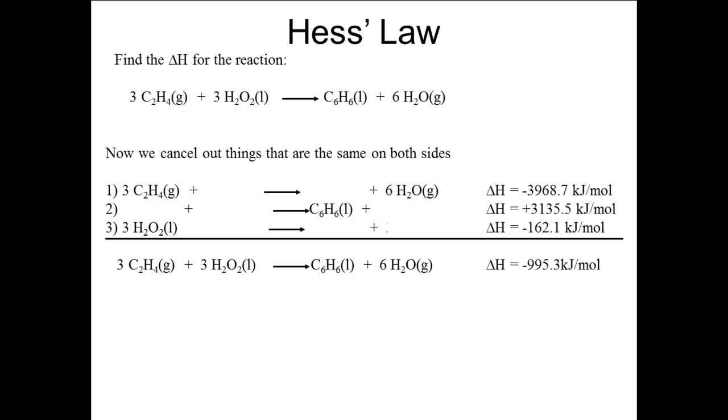Second, rewrite each of the reactions, making the changes you have determined must be made. Don't forget to change delta H, and don't forget to multiply all of the coefficients, not just the one substance that you are focused on. Third, cancel out what can cancel, and write the rest of the substances down in a reaction. Confirm that this is the reaction you want, and then add the delta H's together.